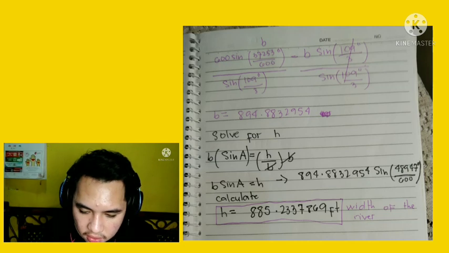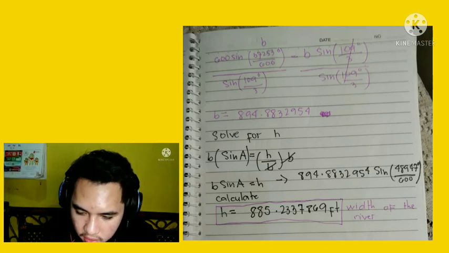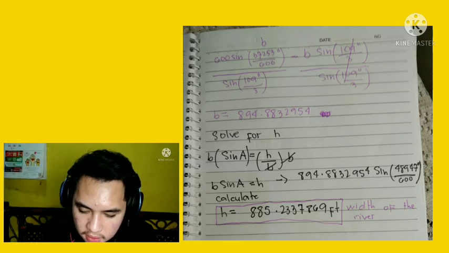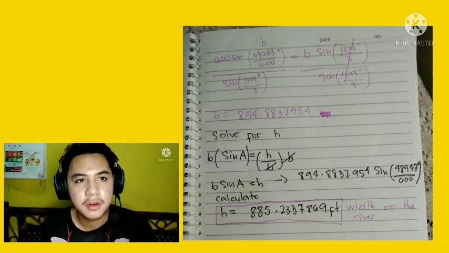If we calculate this, we will get H equal to 885.2334869 feet, and that is the width of our river.